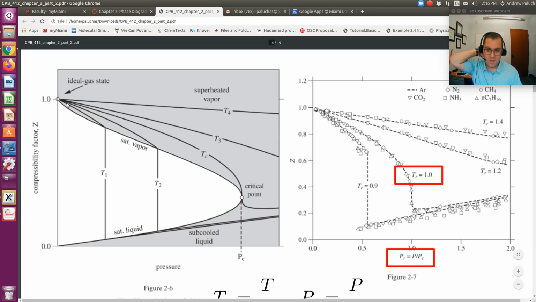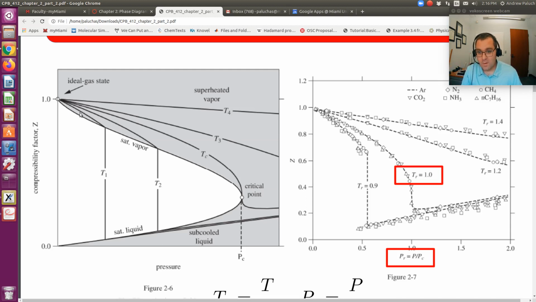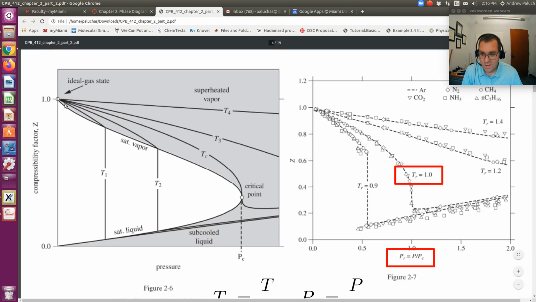So I'm assuming Z is linear over this region with a slope equal to that at the ideal gas limit. It might be reasonable in the superheated vapor region to assume that is the case. Although even at, say, this T2, you will notice some curvature. It's not exactly straight. Remember, this is high temperature down to low.